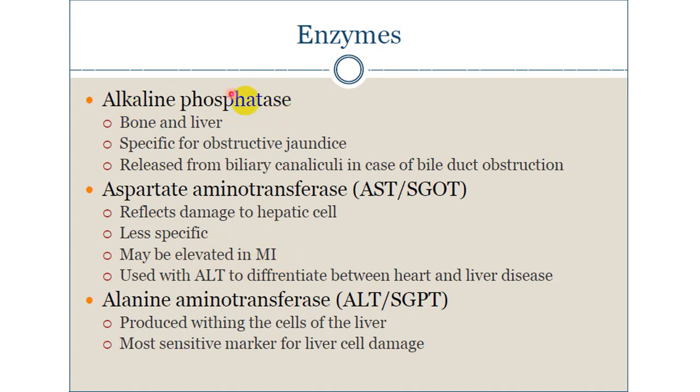Finally, alkaline phosphatase is produced in the cells of bone, the liver within the hepatobiliary system, and the placenta of a pregnant woman. So an elevated alkaline phosphatase does not always indicate liver disease, because it can present with bone disease or bone metastasis, and it is also normally elevated during pregnancy by secretion from the placenta. It is secreted from the biliary system, so it is more specific for obstructive jaundice, where there is obstruction in the biliary secretion.